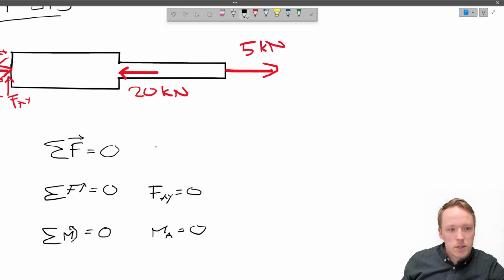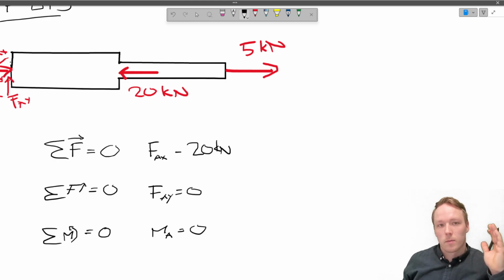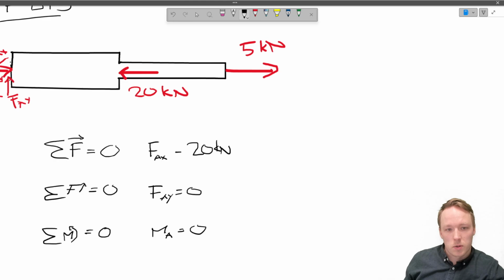Now finally, let's do the first equation. So F_AX minus 20 kilonewtons. Like here, you can see we have the F_A in the X direction. It goes from left to right, so that's positive here.